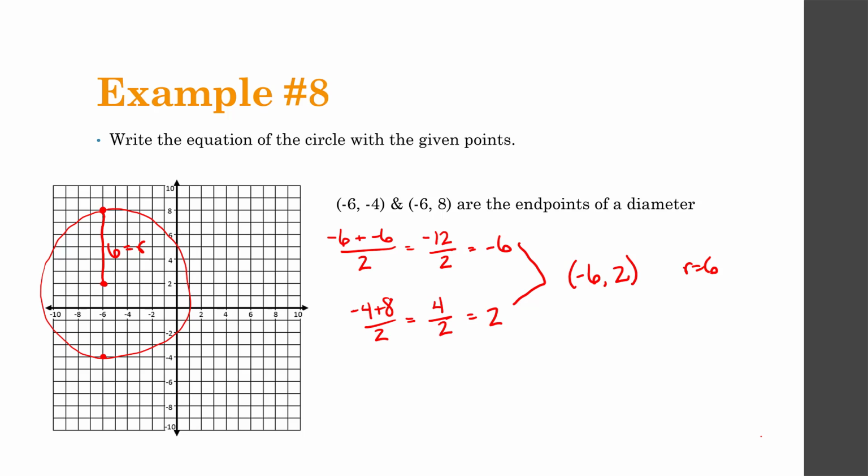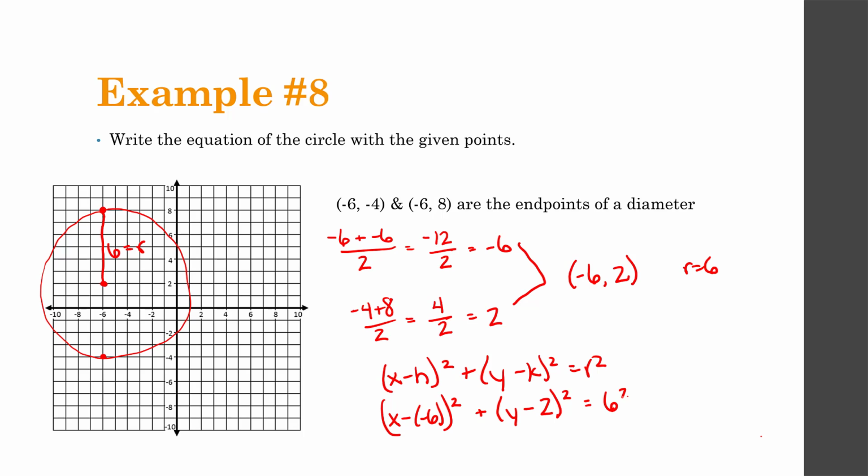And now we can write our equation. (x minus h) squared plus (y minus k) squared equals r squared. (x minus -6) squared plus (y minus 2) squared equals radius squared, 6 squared.